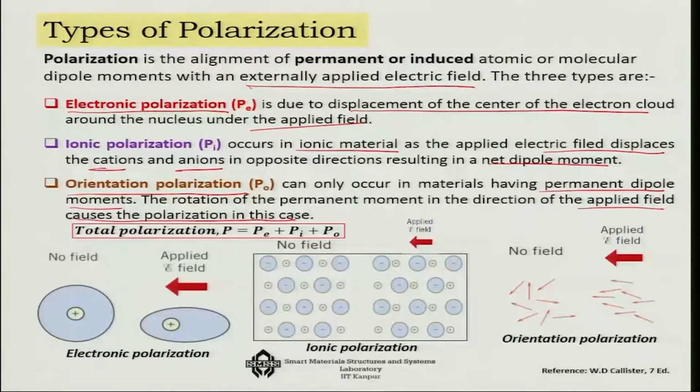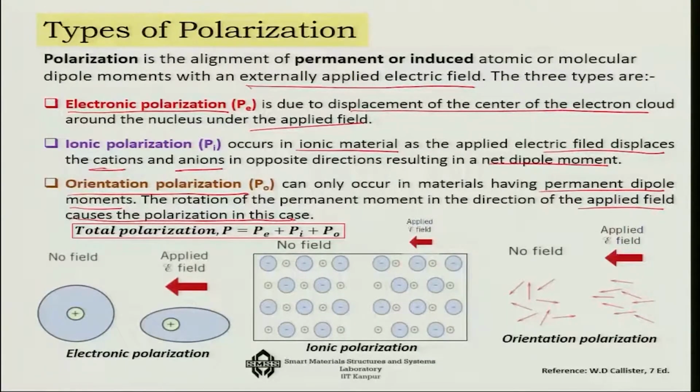So, once again, the electronic polarization Pe is due to the electron cloud displacement. Ionic polarization occurs in ionic material, like all ceramic materials which basically have ionic bonds, and then the electric field displaces the cations and anions in opposite directions.